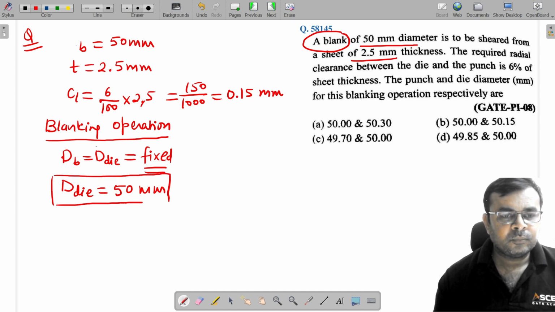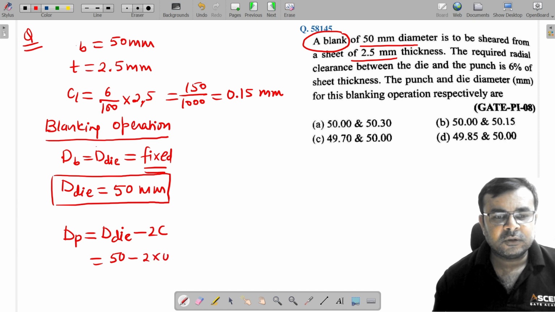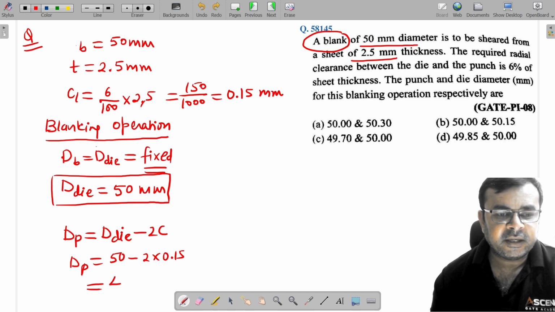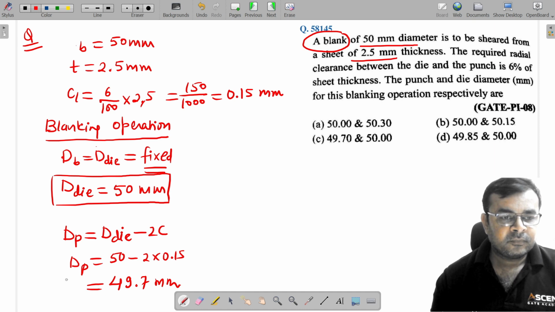So now, once you get the diameter of the die, the diameter of the punch is nothing but the diameter of the die minus 2c, and this is 50 minus 2 into 0.15. So it can be written as 49.7 mm. This is the diameter of the punch.